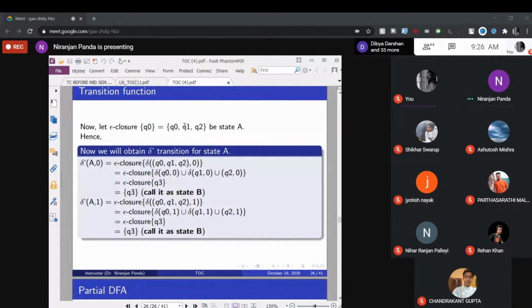Repeating again, to get the transition of a state with an input symbol in the DFA, take the DFA state with the input symbol, and whatever resultant state you get, find its epsilon closure. That will provide you the new state.